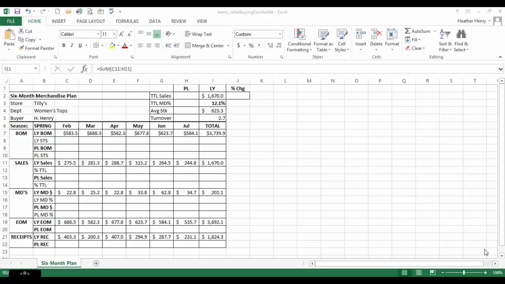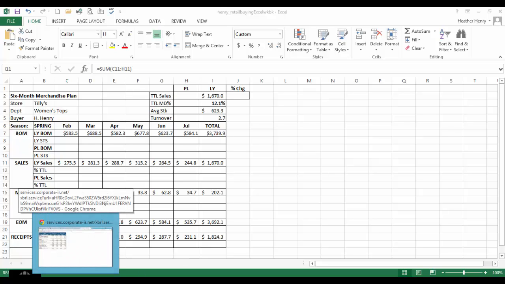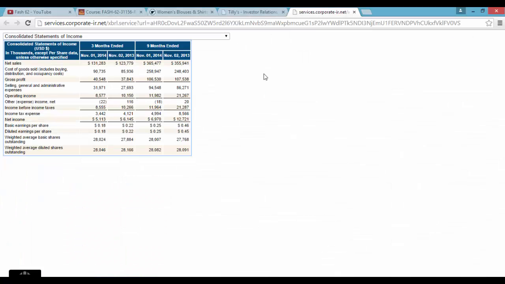Since I have selected Tilly's, they are a publicly traded company, I will go ahead and pull up their sales information for this. So I have already pulled up the sales information. We can see for the last 3 months, so the quarter end, the net sales for quarter 3 were $131,283,000.